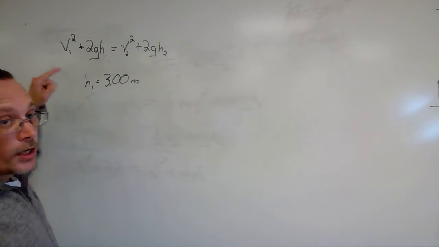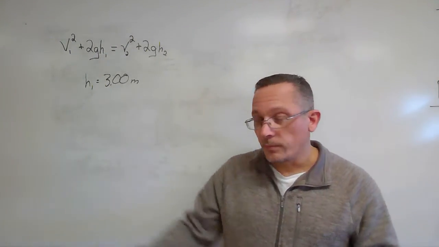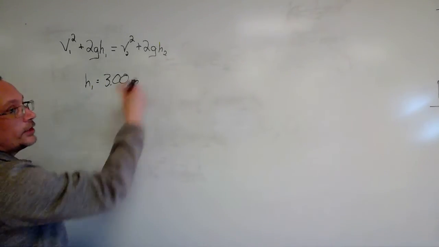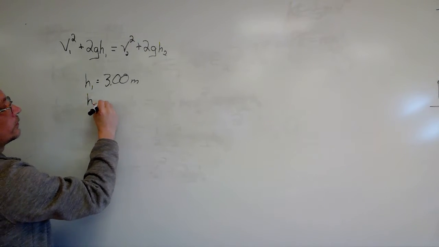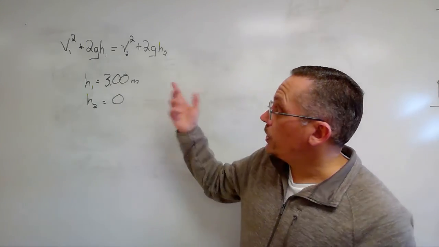I also know her height at the bottom of the slide. She's reached the ground, and at the bottom, her height is 0. So h2 will be 0. I also know g.